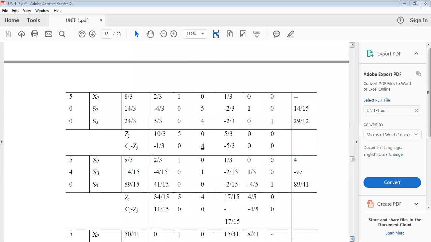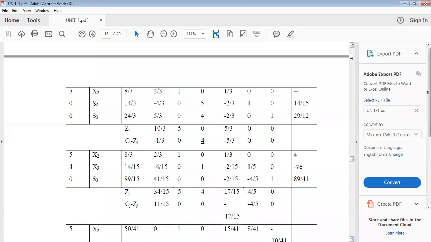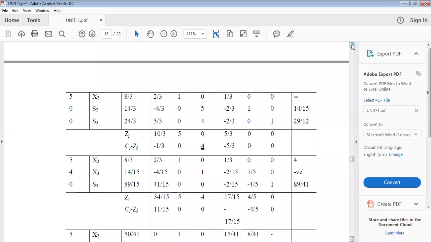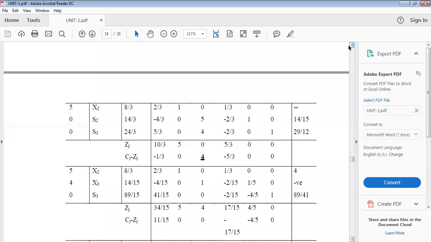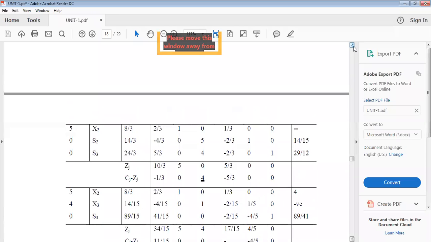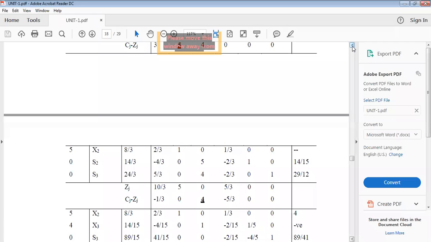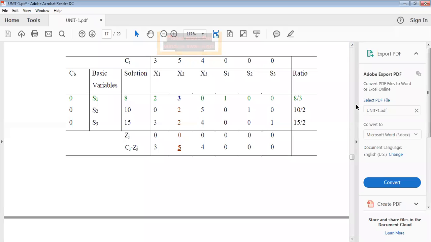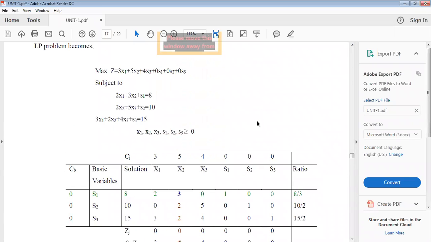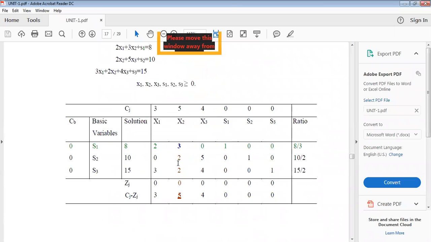So this is what I told you yesterday. We have formulated this particular table, and after that we have calculated Zj, and after that Cj minus Zj.